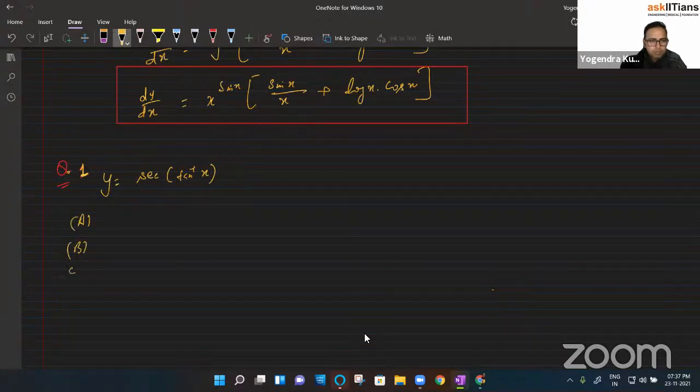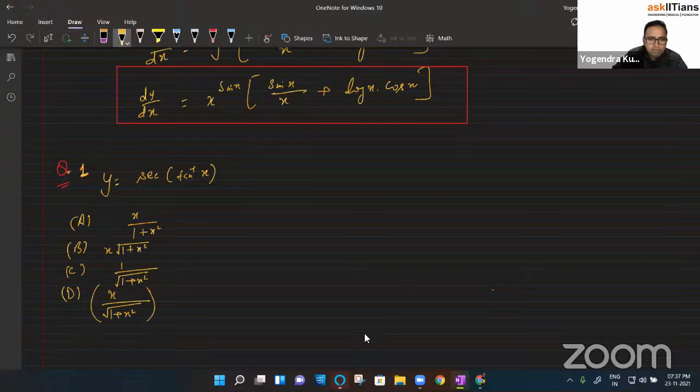A, B, C, and D. A is x by 1 plus x square, here it is x by square root of 1 plus x square, then here 1 by 1 plus x square, and this is x by square root of 1 plus x square. These are all the options given. Which is correct? Tell me.